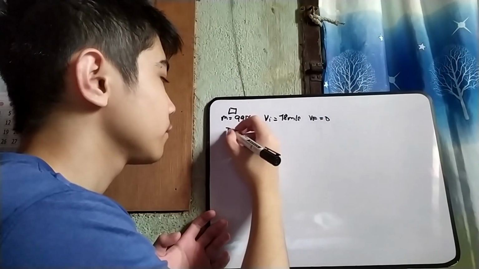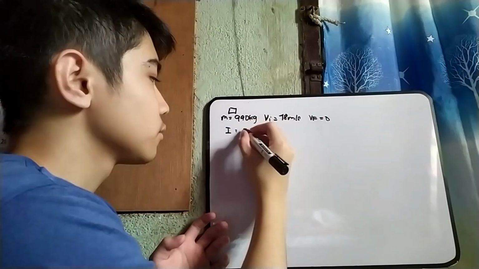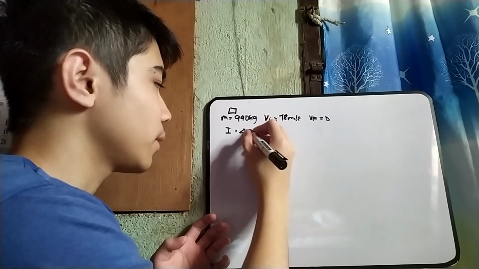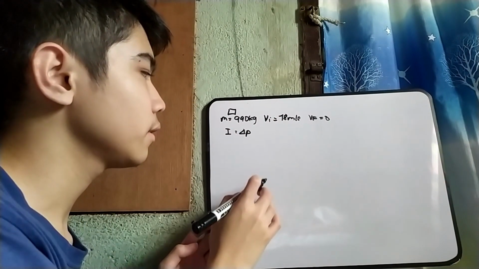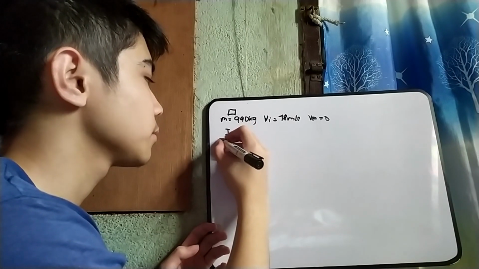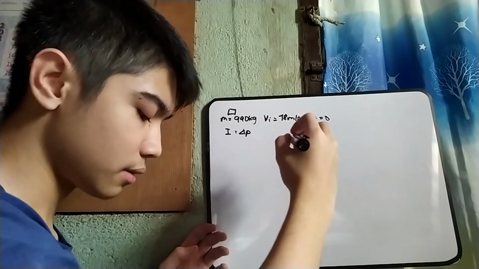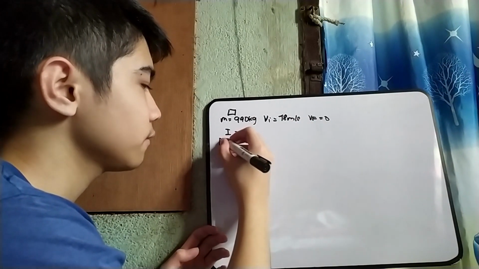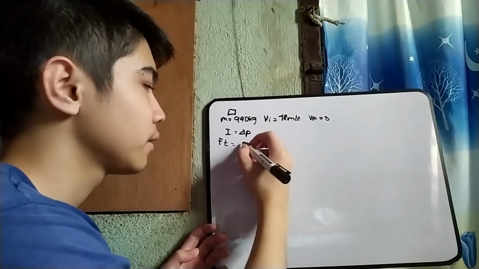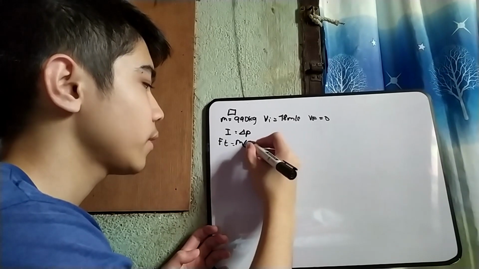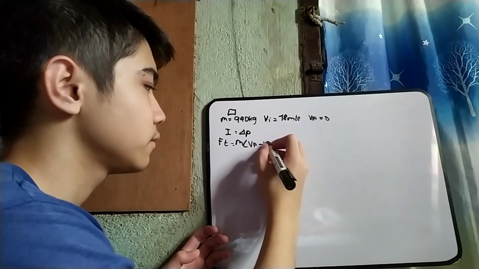So, we have impulse is equals to change in momentum. So, since wala naman tayong given na impulse, i-expand lang natin Ft equals to change in momentum na M multiply to Vf minus Vi.